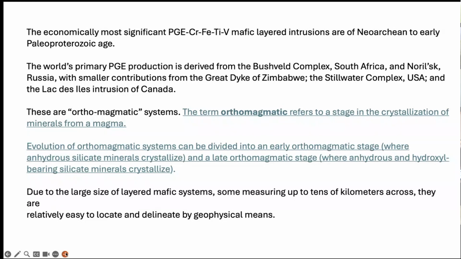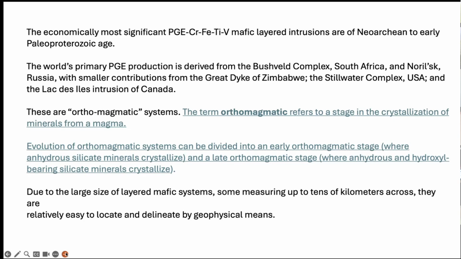Okay, so now we started off talking about titanium, and we ended up talking about platinum group elements, which will show up later. That's kind of a confusion that happens with the fact that a lot of ore deposits are not easy to classify, and the Bushveld is apparently a good example of that. The economically most significant PGE, chrome, iron, titanium, vanadium, mafic layered intrusions are of Neo-Archean to early Paleoproterozoic age.